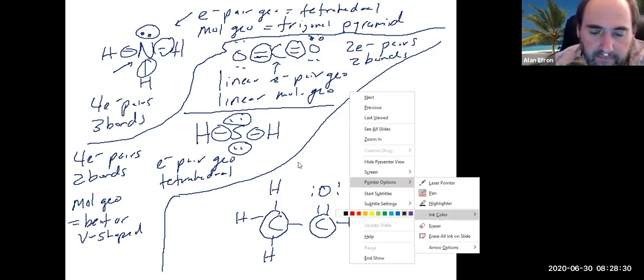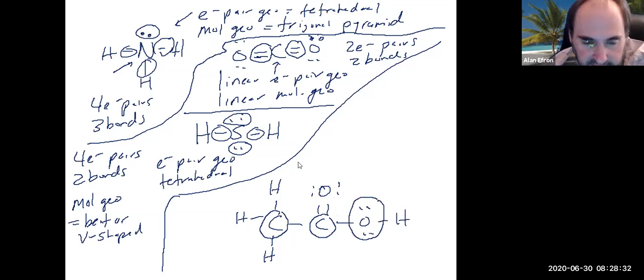For example, you could label this as carbon 1. When we look at carbon number 1, you count the electron pairs around it. This would be 1, this would be 2, this would be 3, and this bond here you'd still count, which would be 4. I can't really do it on the screen, but you put your hand over this part of the molecule and look at each one individually.